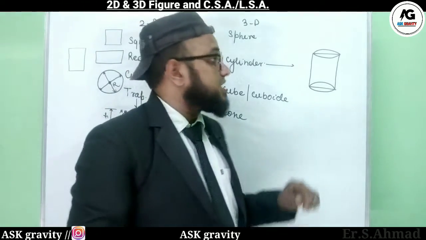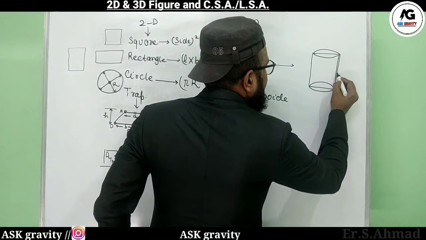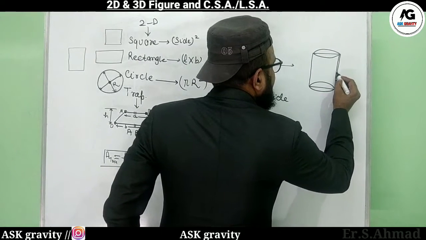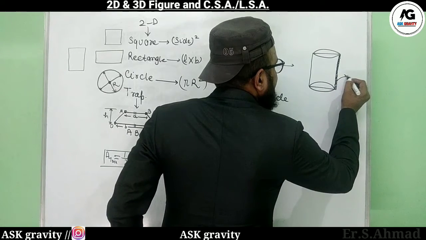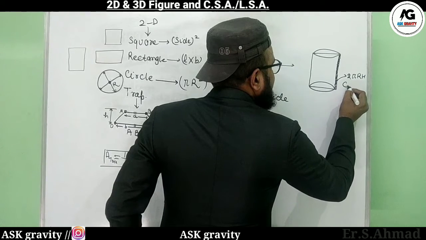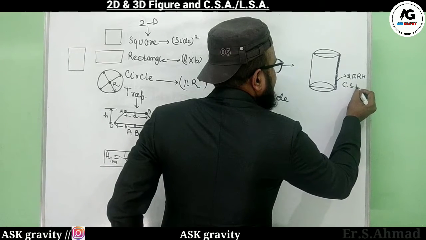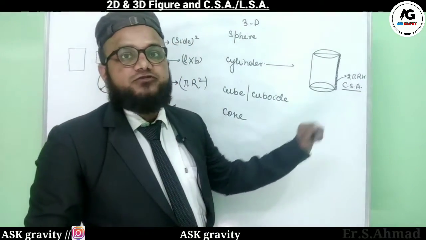It may be asking about the curved surface area. In general, until and unless the question changes it, the curved surface area is 2 pi r h, that is called in short CSA, curved surface area.